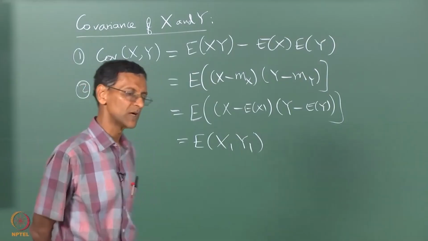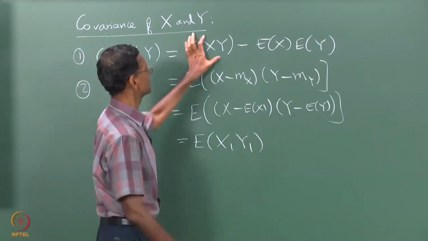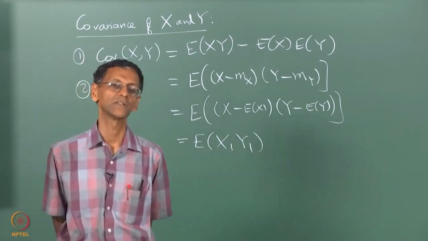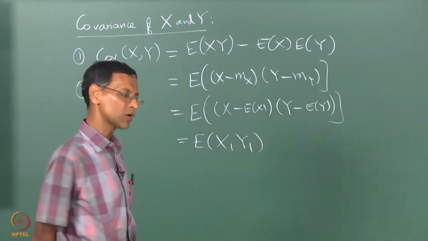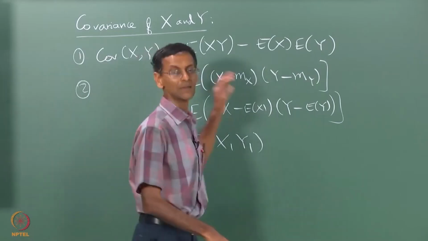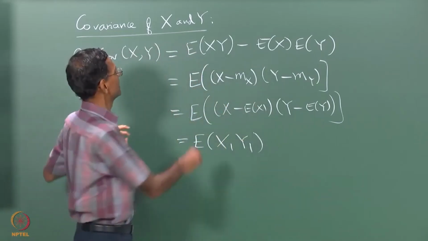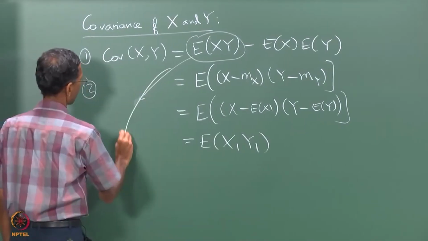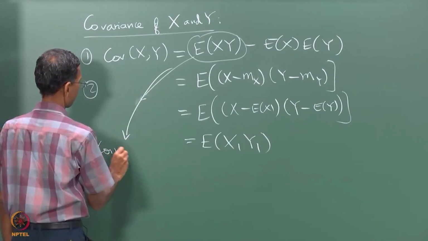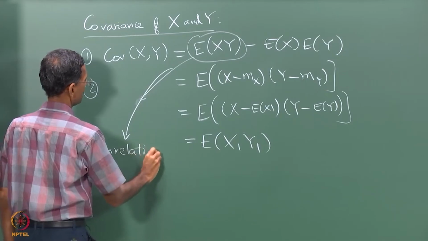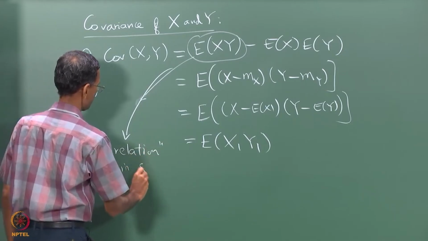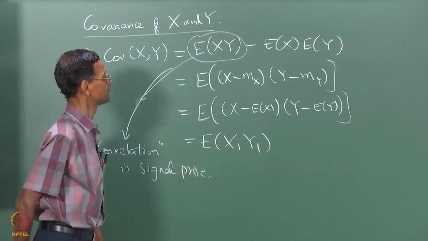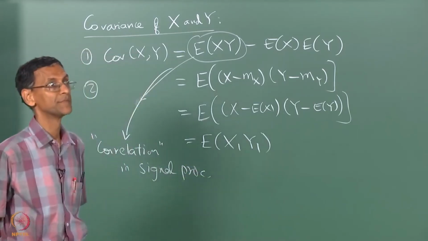Why should we give up our usage of the term correlation just because the statistics people do not call that the correlation? What they call correlation I'll mention later, but we are calling this correlation in signal processing.